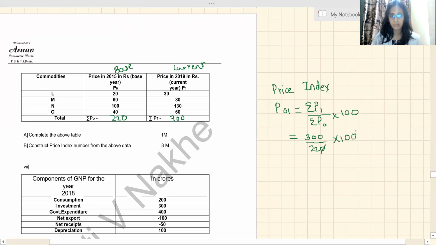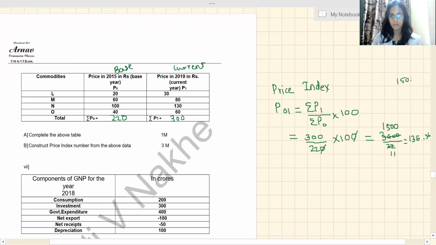So 0 gets cancelled. So it is 3000 upon 22. Instead of dividing it by 22, I will reduce the form. I am dividing it by 2. Okay, so this is the easiest form to calculate, and your answer will come as 136.36. How will you get it?